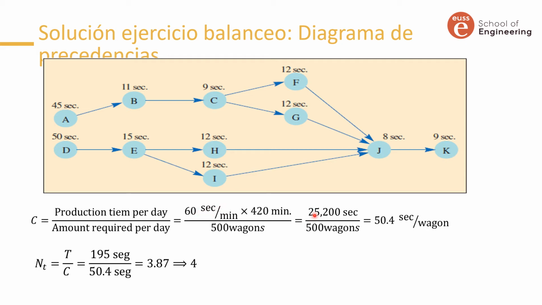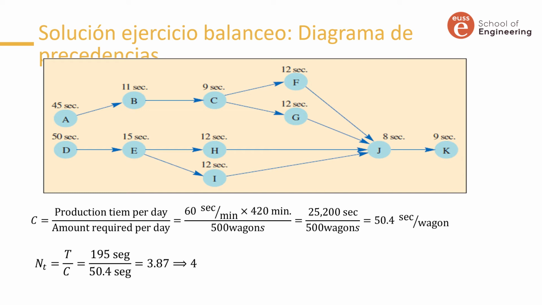As you see here, 25,200 seconds divided by 500 wagons gives us a cycle time of 50.4 seconds per wagon. What is the meaning of this? It means that, guys, we can't have workstations with more than 50.4 seconds per wagon.